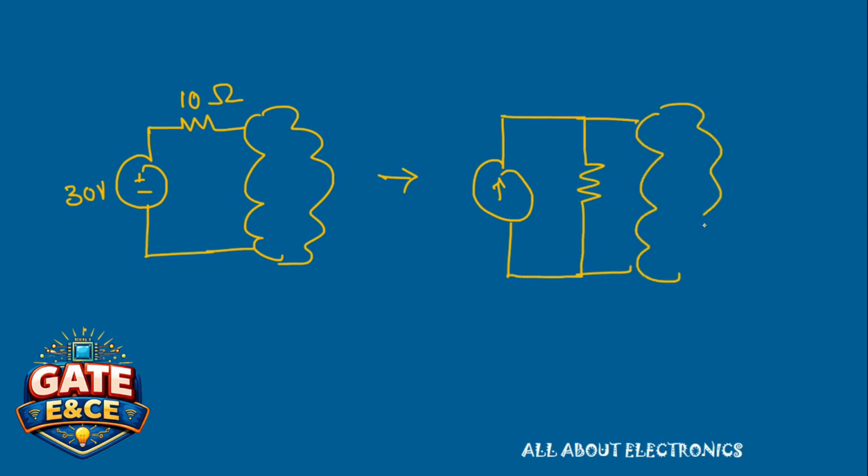So the value of this current source I will be given as V upon R, that is nothing but 3 ampere. So in this way we can transform this 30 volt voltage source into a 3 ampere current source with a 10 ohm resistor in parallel.